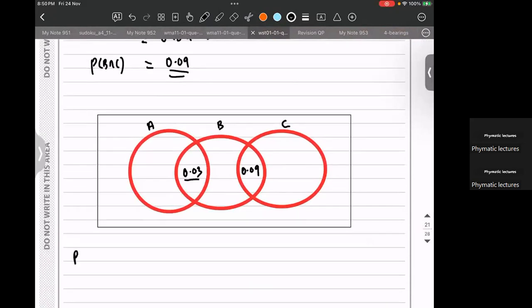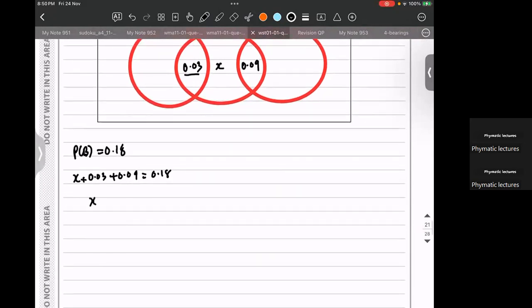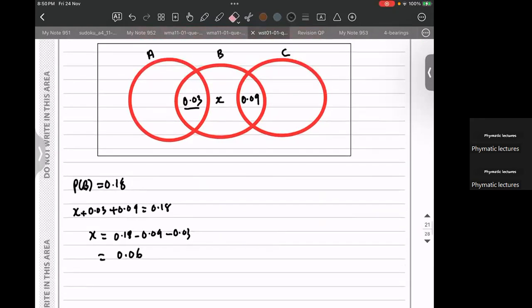So if this value you are keeping as X, so X plus 0.03 plus 0.09 is 0.18. Therefore, the value of X is 0.18 minus 0.09 minus 0.03. So if you are doing so, we will get 0.06. So here this value, we got it as 0.06.